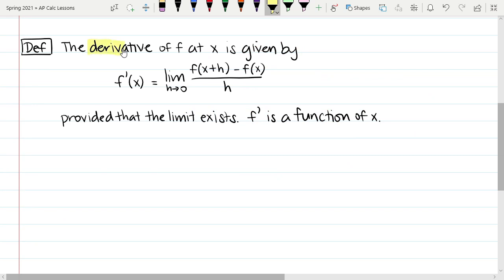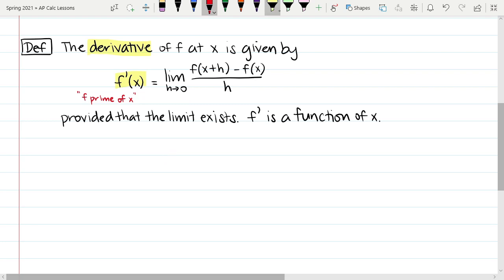So the derivative of a function f at x is given by this notation here. So this is read as f prime of x. Again, this is read as f prime of x is the limit of the difference quotient as h approaches 0.